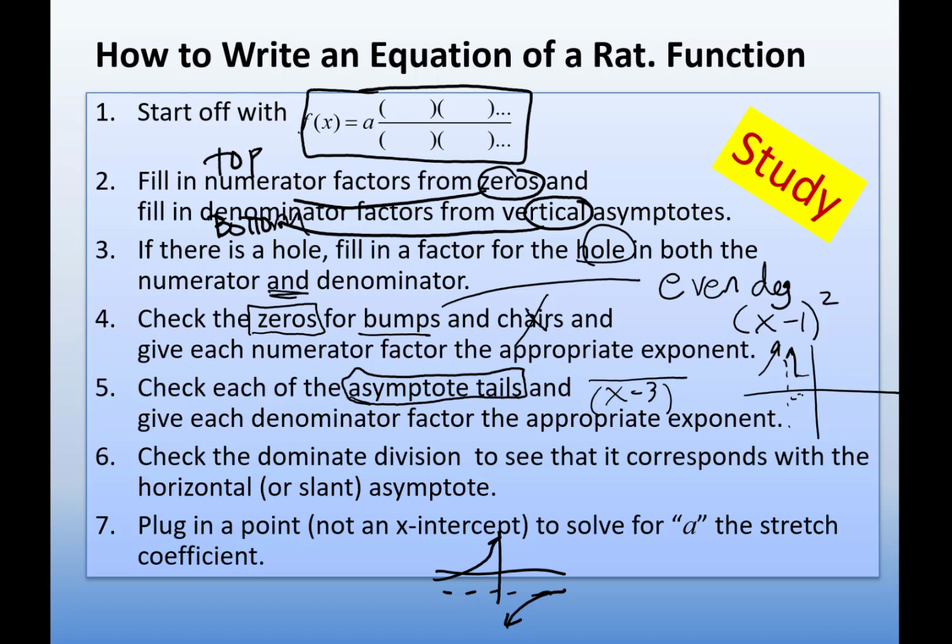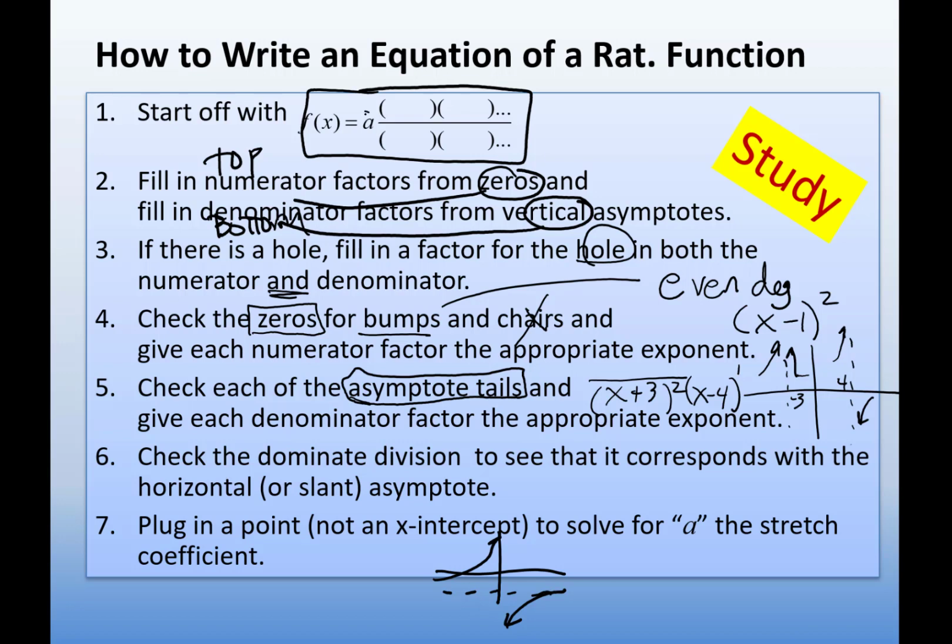Let's make this -3. So since the tails are both going the same way, it would have to be squared. But if you have tails where one goes up and the other goes down, opposite tails are going to be odd degree. So let's say this is 4. So x minus 4 would have to be to the first power. These are just rough ideas right now to help you get started on this.